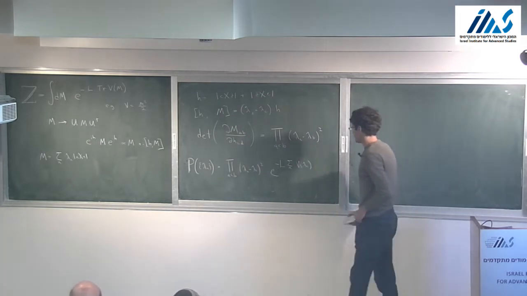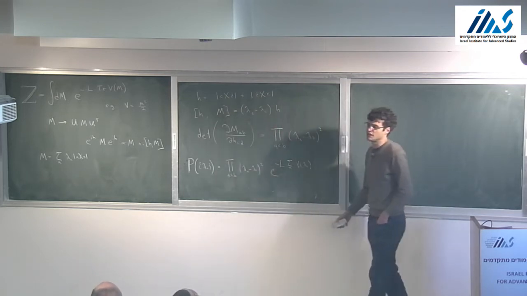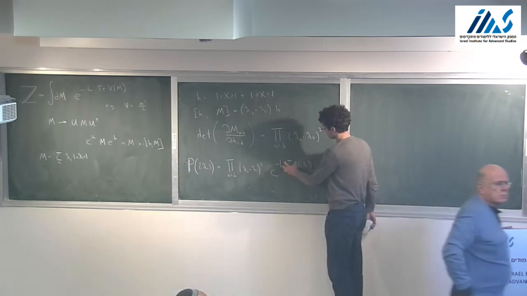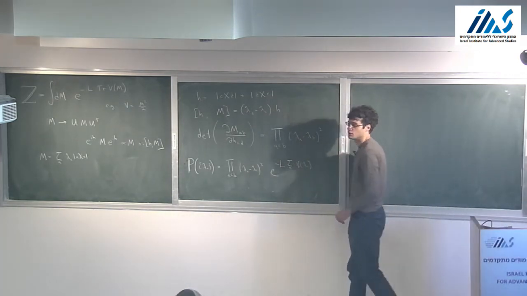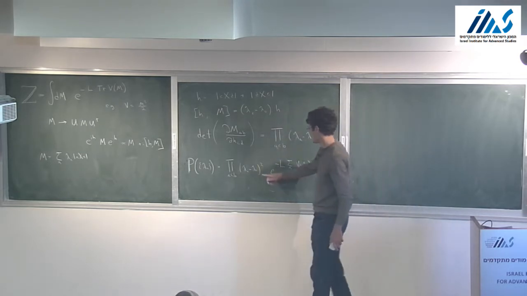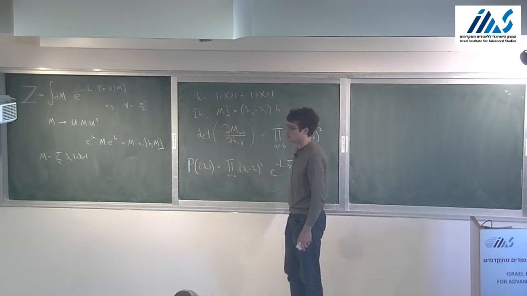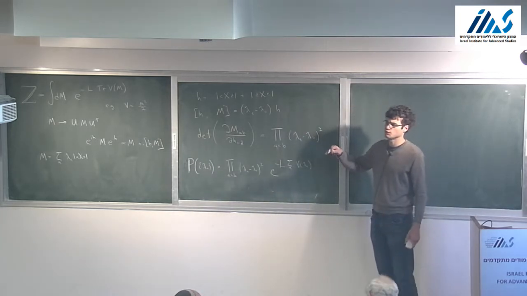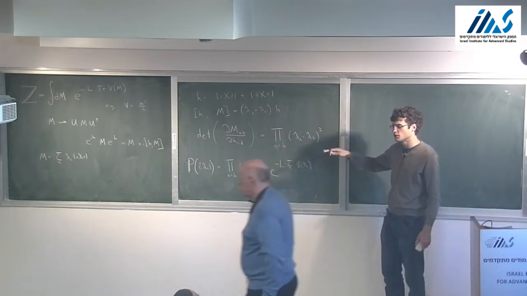Now, for large values of L, this probability distribution for the eigenvalues is sharply peaked. Naively, it is a probability distribution that wants all the eigenvalues to be sitting at the minimum of this potential. But you can see that this factor here vanishes if two eigenvalues coincide with each other. That explains why the probability distribution for these eigenvalues prefers configurations where they are more evenly spaced.